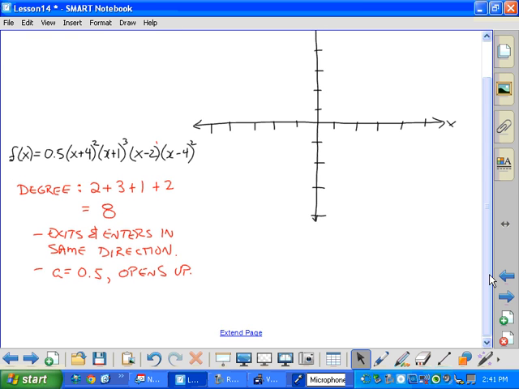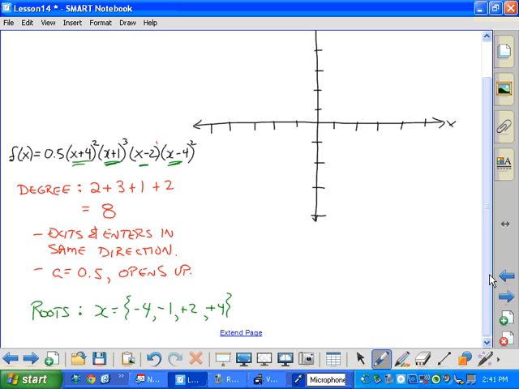From above, the roots are located at: x plus 4, so the first root is at negative 4. The second root is at negative 1. The third root will be at positive 2. And the last root will be at positive 4. So at those locations, I'm going to sketch my graph.